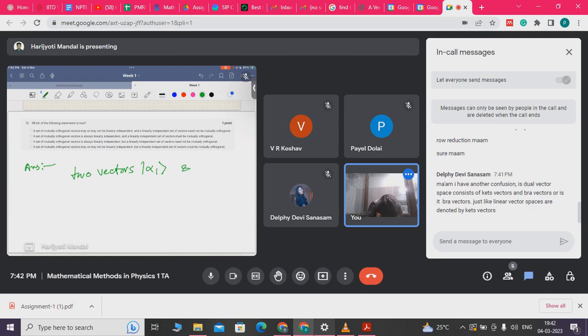Okay, let us assume two vectors, alpha 1 and, for simplicity, a1 and a2. We are using ket vector notation here. The dual vector space consists of bra vectors.